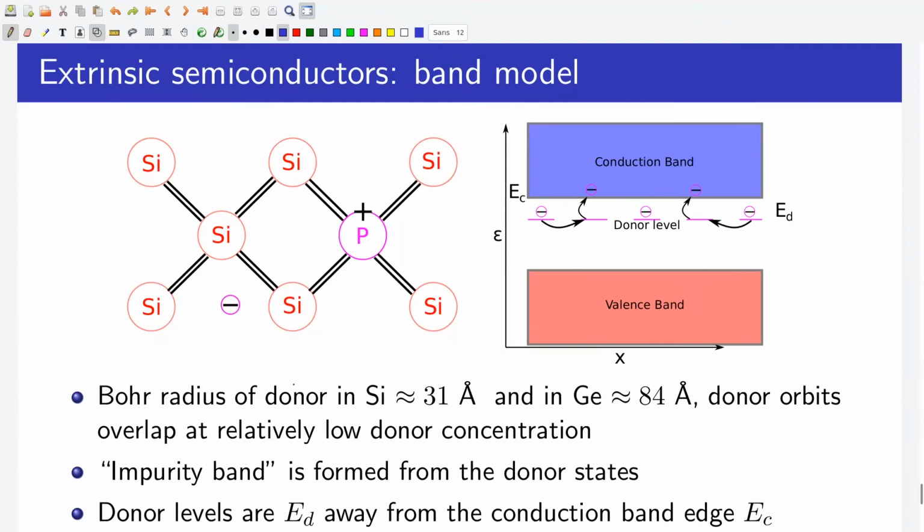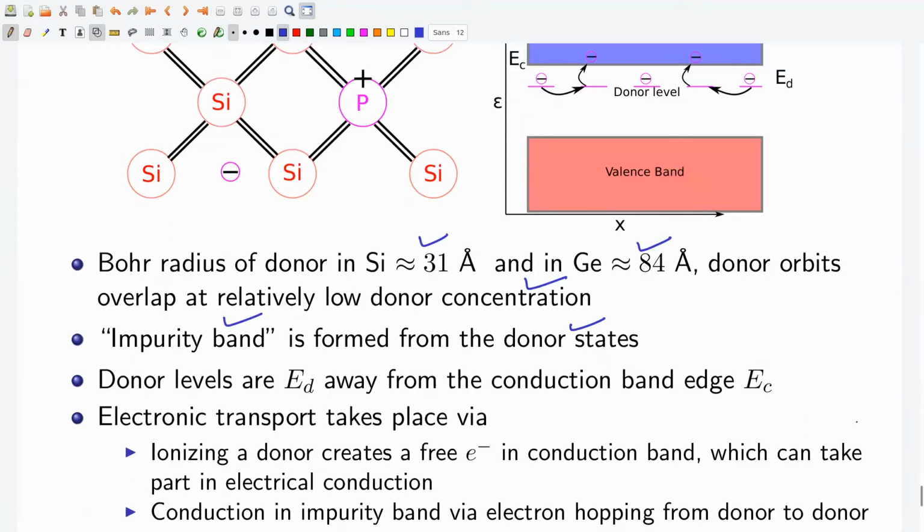As a result, donor orbits overlap at relatively low donor concentration. Because of appreciable overlap of the donor orbits, an impurity band is formed from the donor states. Donor levels generally lie very close to the conduction band edge.